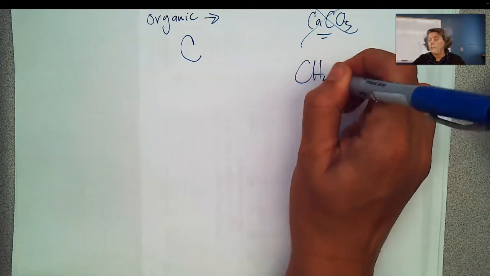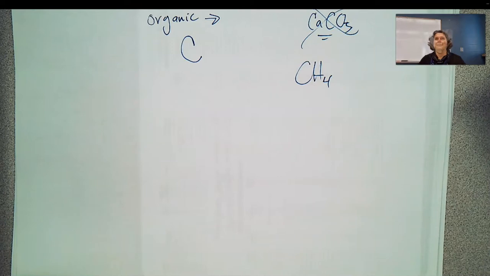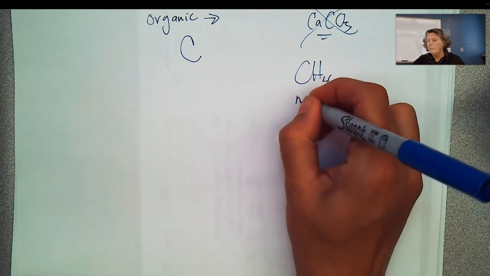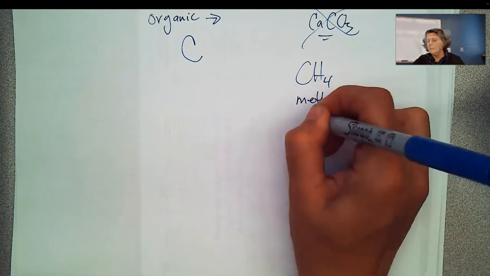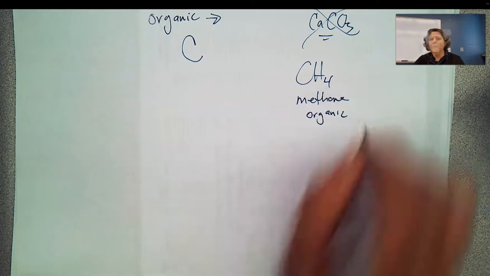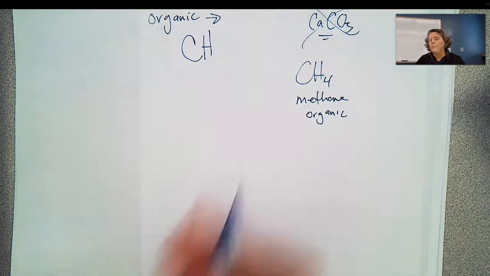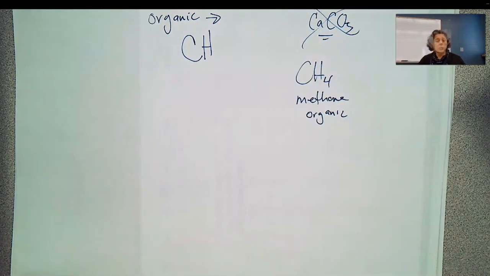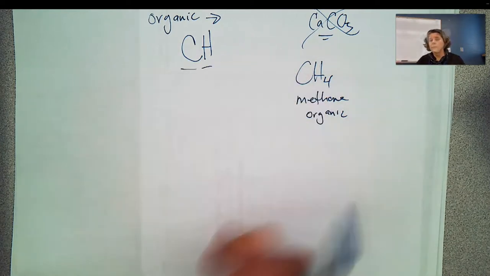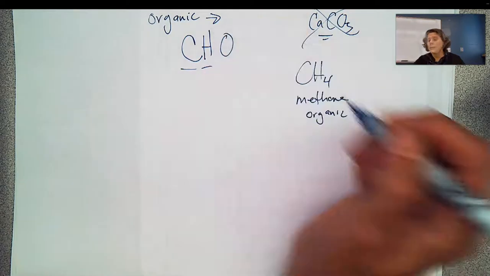Is methane an organic compound? Yes, this is methane. This is an organic compound. So that only has one carbon. Then it's the carbon and hydrogen. So usually it's carbon and hydrogen bonds mixed together. A lot of times we'll also have oxygen.